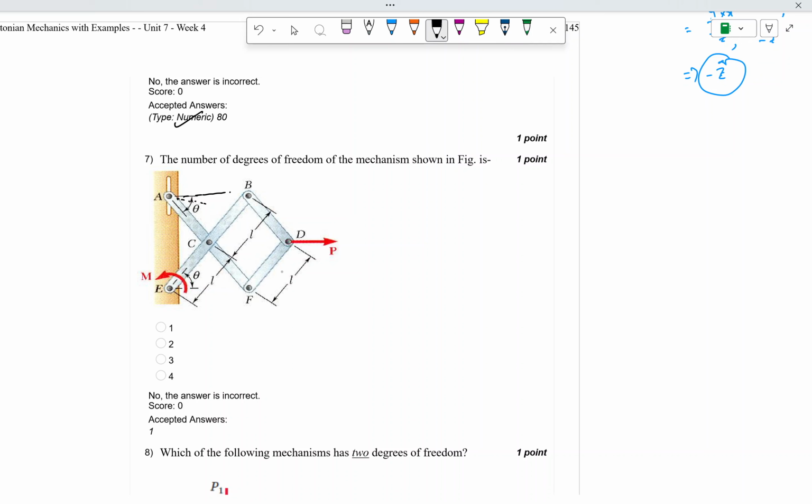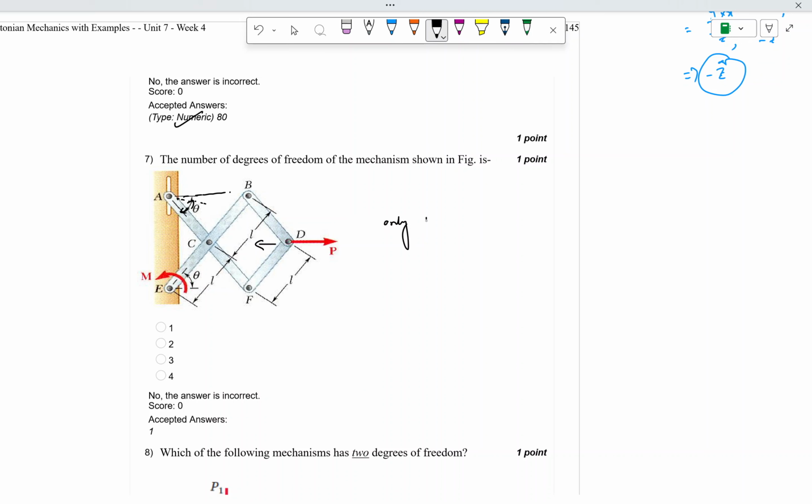But if you are pushing it back in this direction, then theta will be maximized. So any kind of motion that the structure frame can have independently is only based on the rotational motion, that is theta.